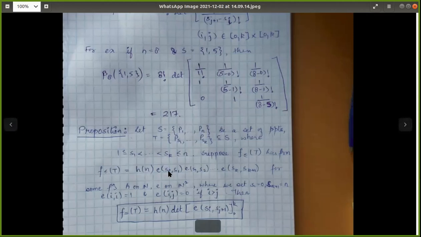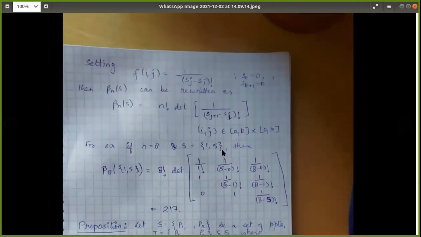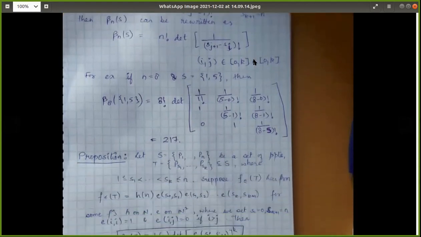Okay, with S0 as we had done last time also. So S0 is always said to be 0. S of k plus 1 is said to be n. All right, and S1 up till Sk comes from here, the subset of the property set.